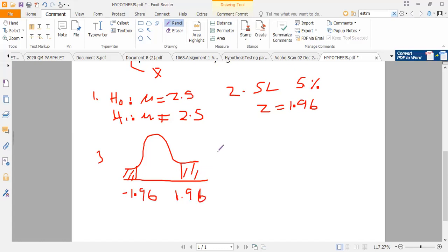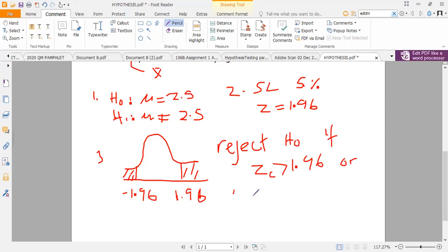So decision rule, we can say we reject what? H0 if Z calculated is greater than 1.96. That's the two-tailed, or it's less than what? Negative 1.96.